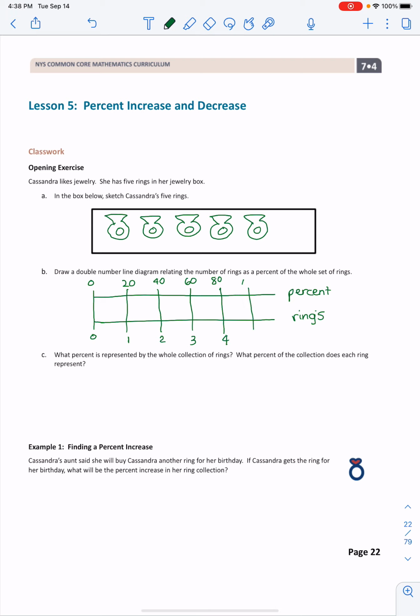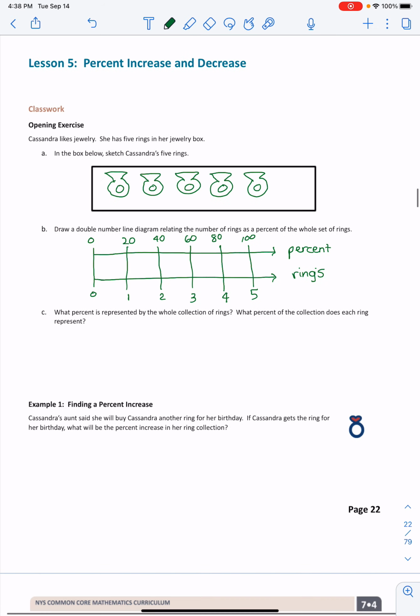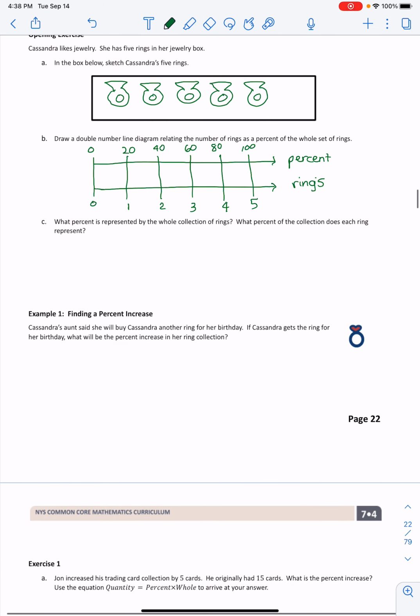And 100% and 5 rings. So now it says what percent is represented by the whole collection of rings? 100%. It says what percent of the collection does each ring represent? 20%.